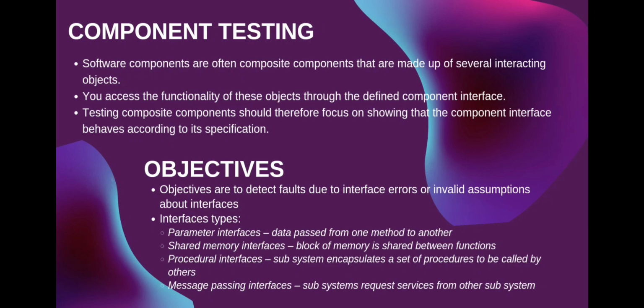Interface types are: first, parameter interfaces, which are data passed from one method to another. Second is shared memory interface, where a block of memory is shared between functions. Third is procedural interfaces, where a subsystem encapsulates a set of procedures to be called by others. And fourth is message passing interface, where subsystems request services from other subsystems.